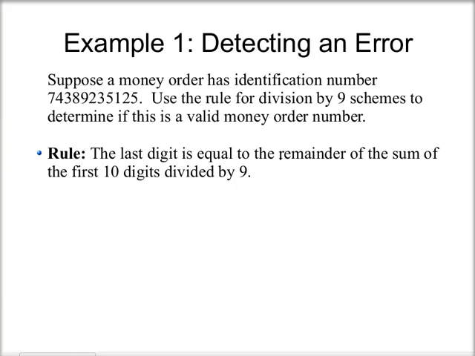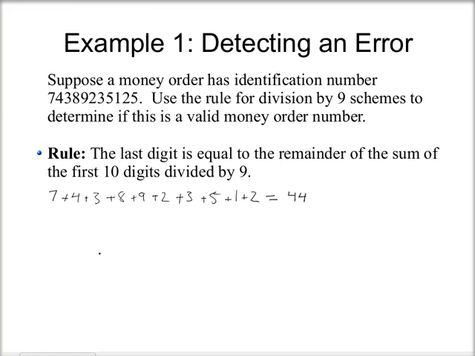The last digit is equal to the remainder of the sum of the first 10 digits divided by 9. First I'm going to add up my first 10 digits. That's going to be 7 plus 4 plus 3 plus 8 plus 9 plus 2 plus 3 plus 5 plus 1 plus 2, and I'm leaving off my last digit 5.